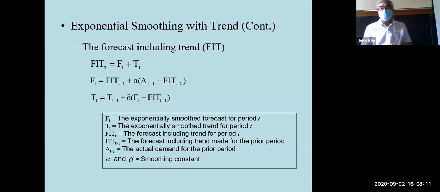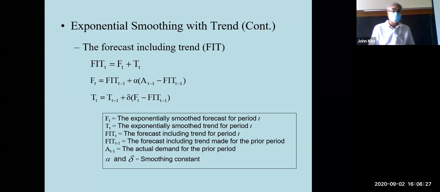That term t forecast comes from this formula, which looks like exponential smoothing, but the difference is that it uses FIT.